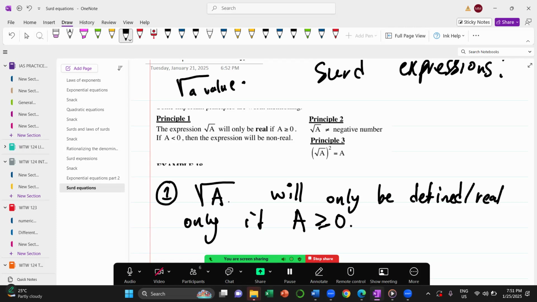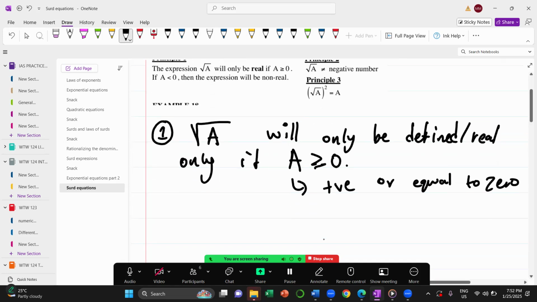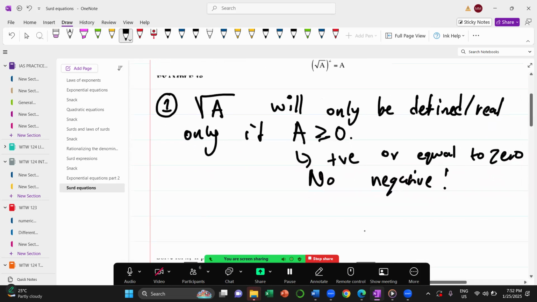So the square root of any value will only be defined whenever that value is greater or equal to 0. We want the value inside the square root to be positive or equal to 0. No negative. We don't have any negative values under a square root.